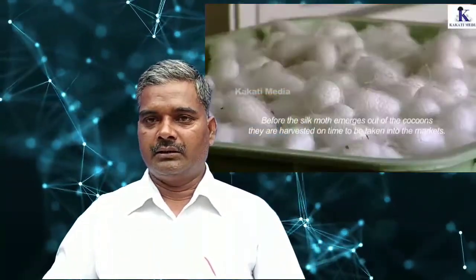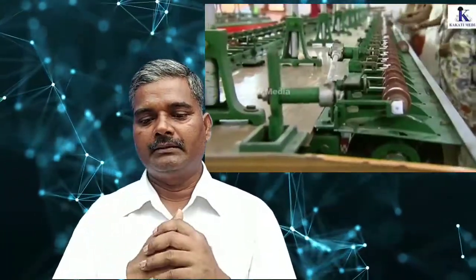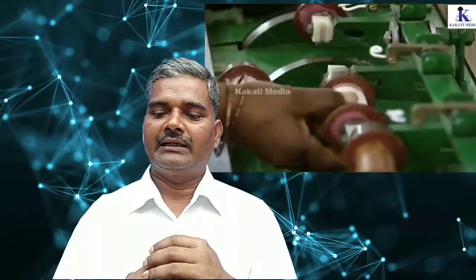In this form, raw silk is shipped to silk mills all over the world. This is known as welling. Silk fibers are then spun into silk threads in the mill, which are woven into silk cloth by weavers.